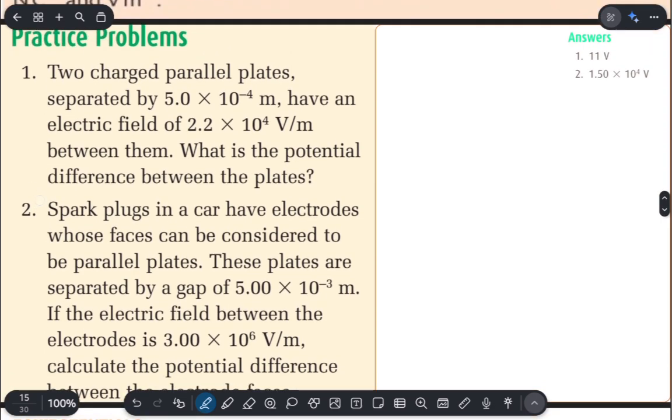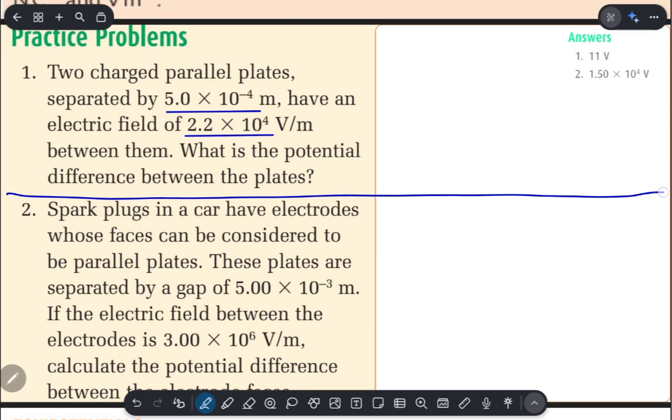Now here is a practice problem for you all. Two charged parallel plates separated by 5 times 10 to the power minus 4 meter have an electric field of 2.2 times 10 to the power 4 volts per meter between them. What is the potential difference between the plates? I will solve this first part here, and the second part lower down.